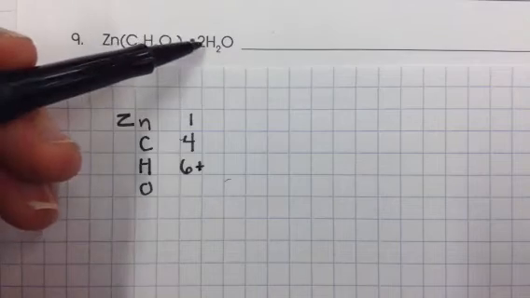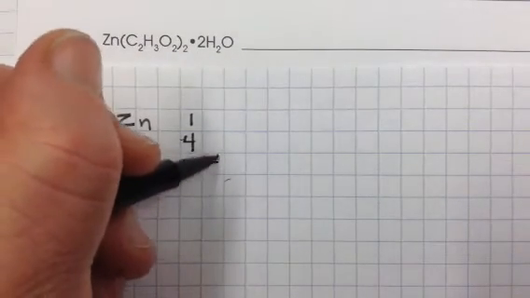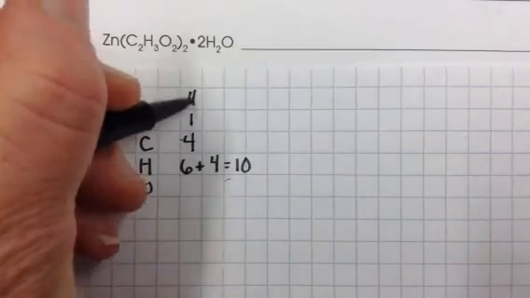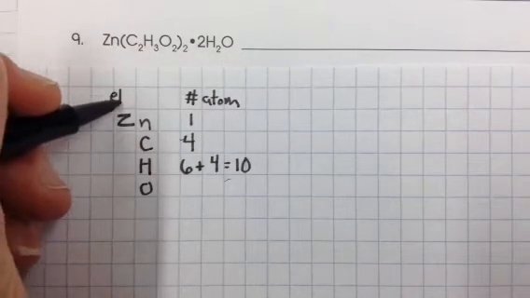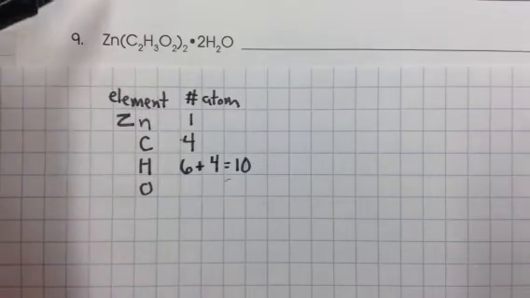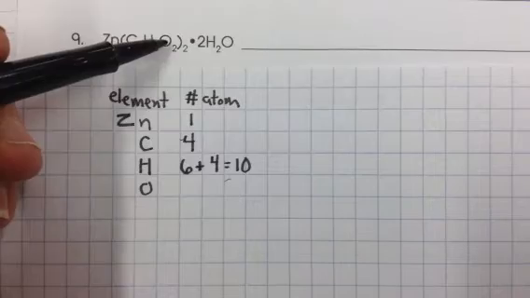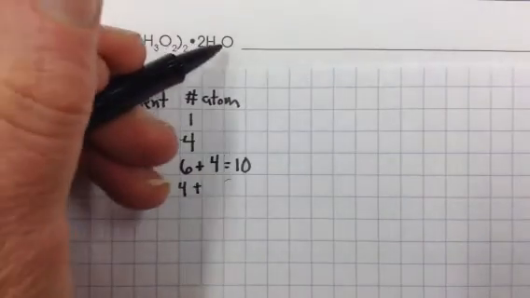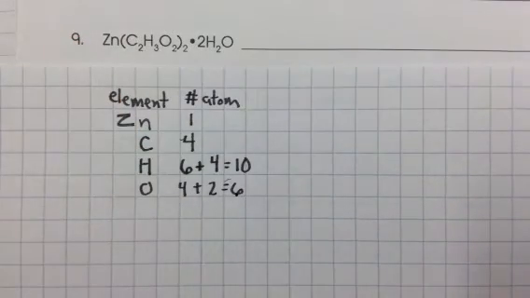Plus, in our hydrate, our H2O, we have 2 times 2 is 4, for a total of 10 atoms. So we're going to put number of atoms here. We'll put element here. And then we have the last one, oxygen. 2 times 2 is 4, plus 2 times 1 is 2, so that is 6. That's the number of atoms.